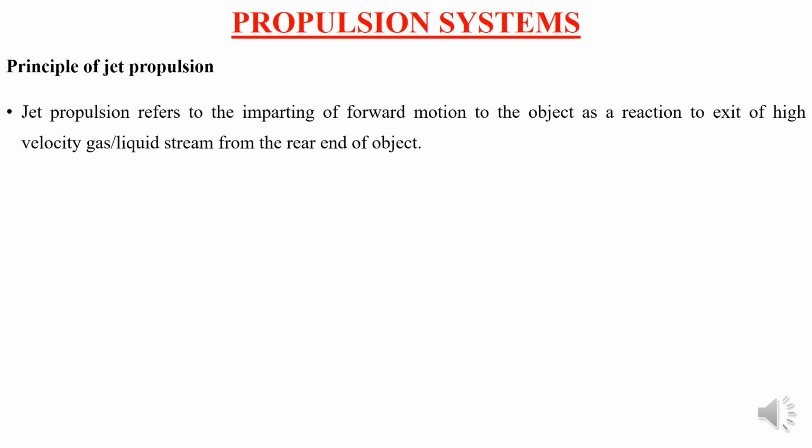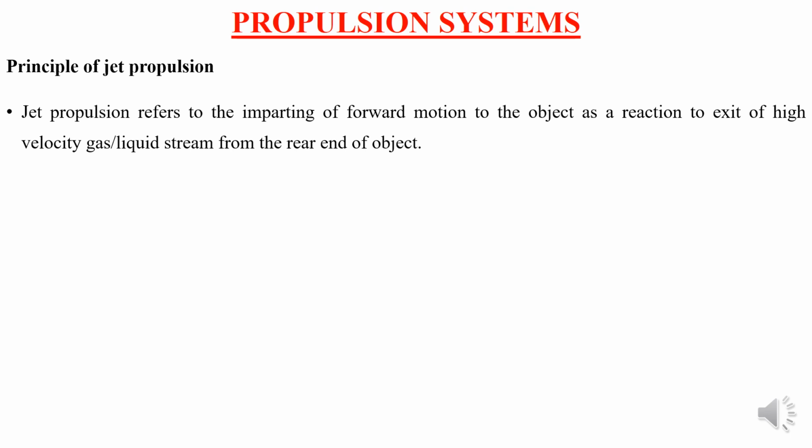Now we will come to the principle of this jet propulsion system. Whenever you talk about jet propulsion, it refers to the imparting of forward motion to the object as a reaction to the exit of a high velocity gas or liquid stream from the rear end of the object. For example, if we are the object, and at the rear end or backside of that object we burn fuel, it will produce a force, and because of that force there will be an equal and opposite reaction force.